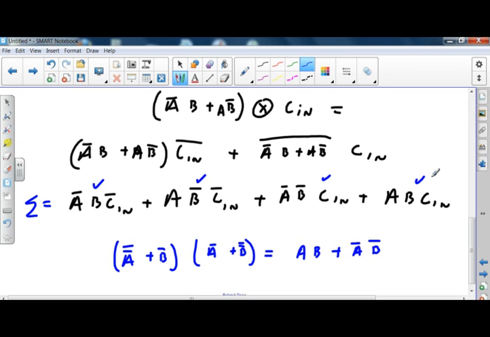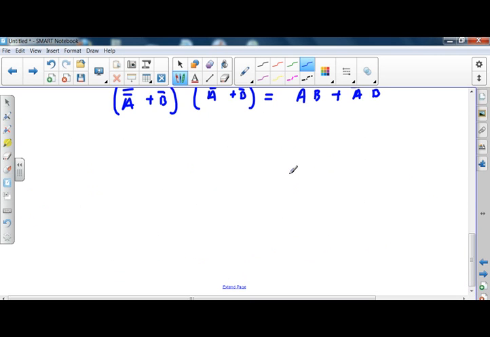And then I need a carry out. So I need another circuit for my carry out. Now, because I can put thousands of these chips on the same piece of real estate, it doesn't really matter that it takes this much. So I've got A. We just call it A. We don't have to put a 1 there.